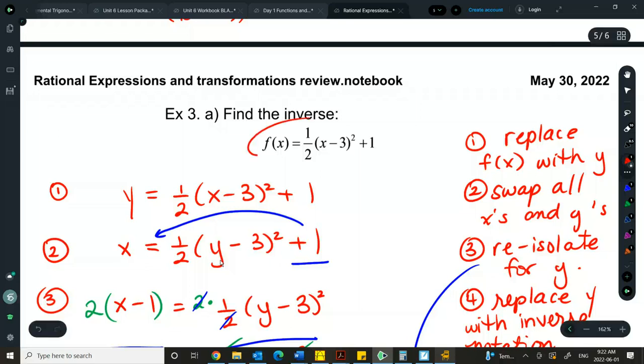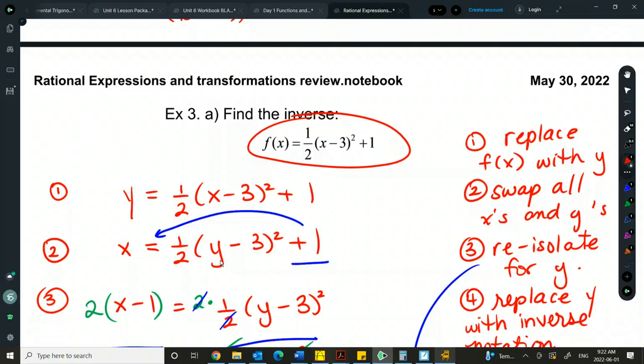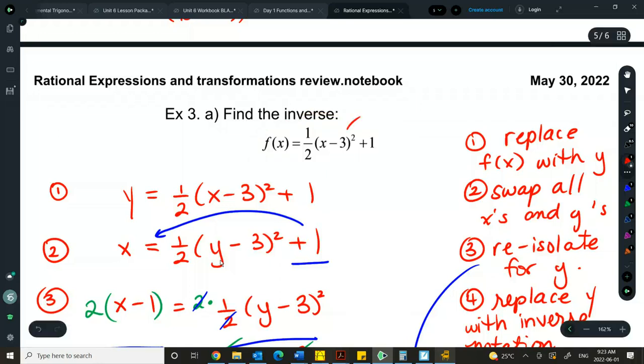So what's the parent function of f at x, the starting function here? If I took away all the multiplications and additions and subtractions here, what remains? Cam? X squared.